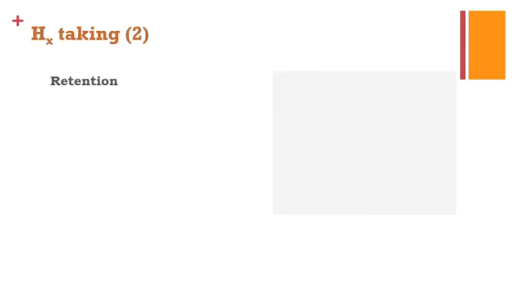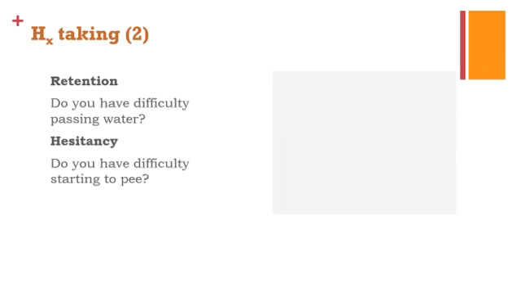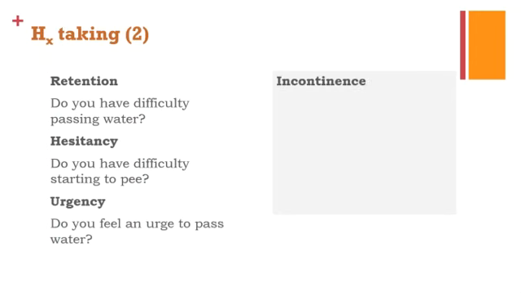Retention: Do you have difficulty passing water? Hesitancy: Do you have difficulty starting to pee? Urgency: Do you feel an urge to pass water? Incontinence: Can you hold your water?